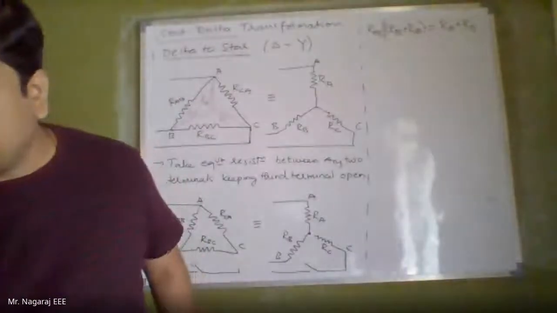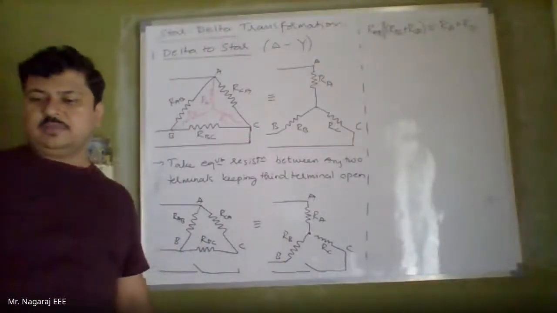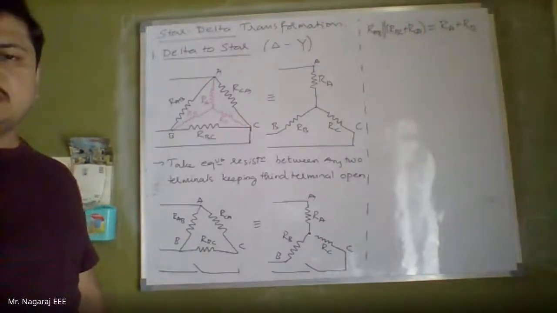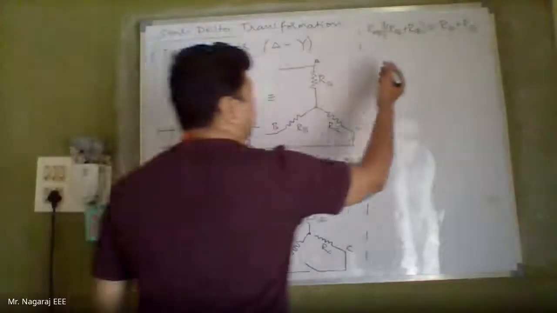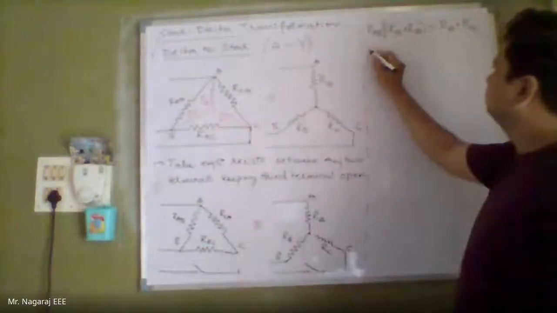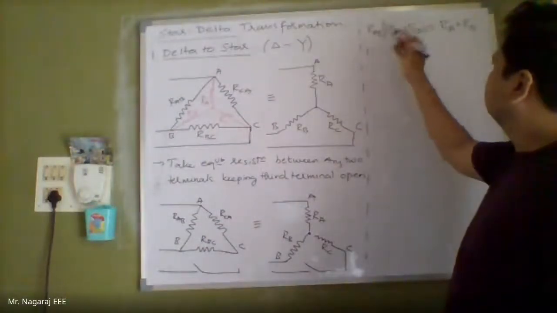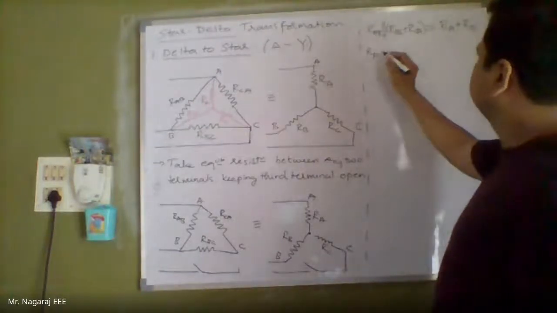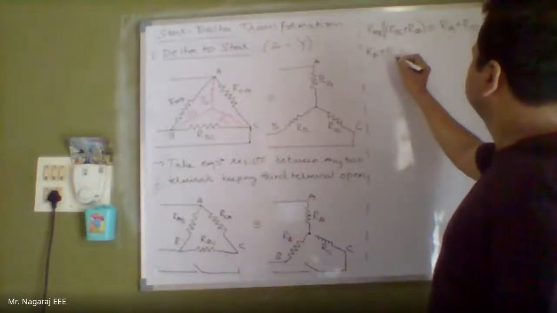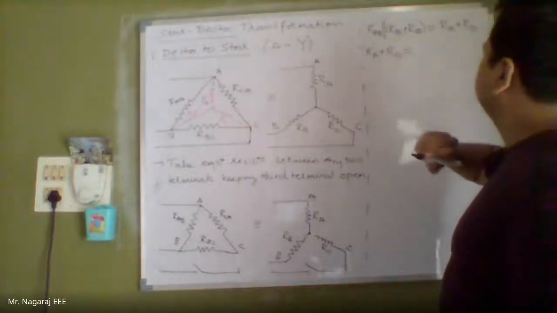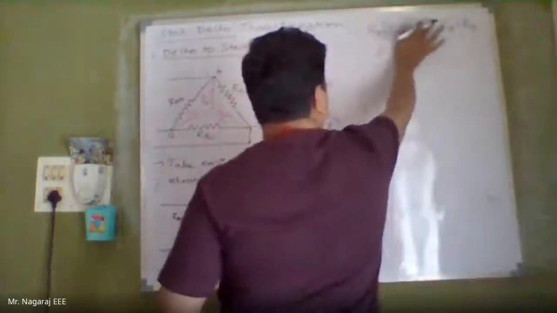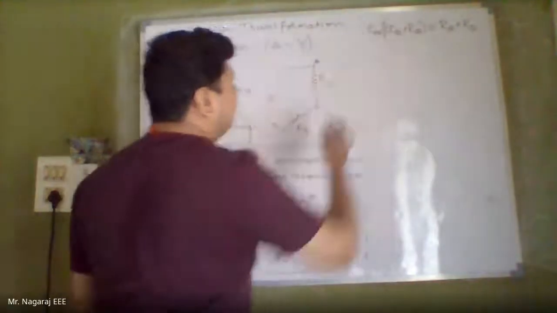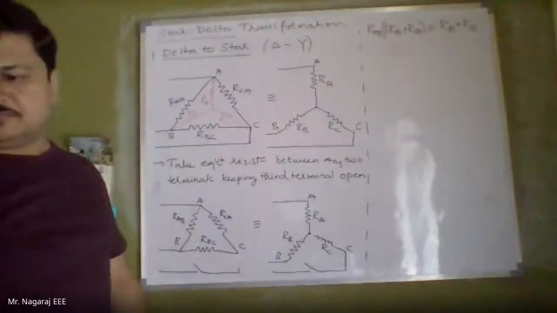First, we'll write it as RAB parallel to RBC plus RCA.